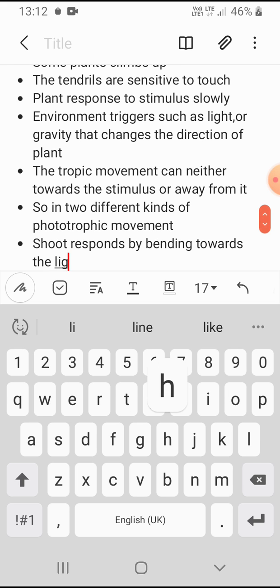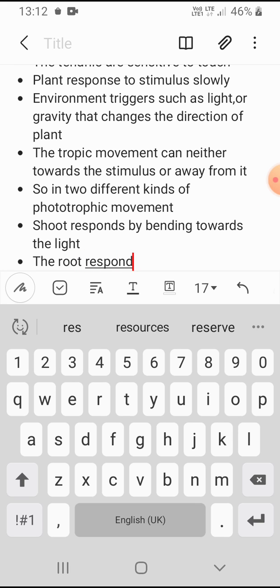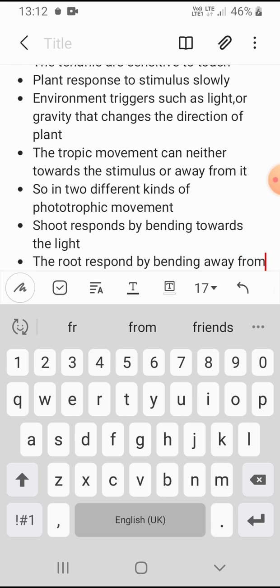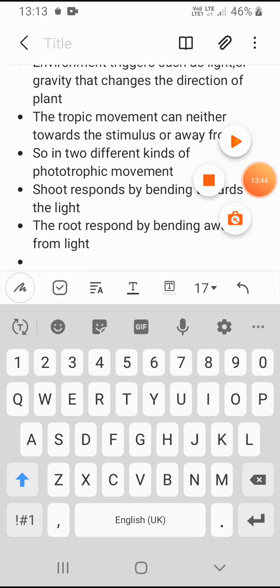The shoot responds to the light by bending towards it, and the root responds by bending away from the light. It bends away from the light.